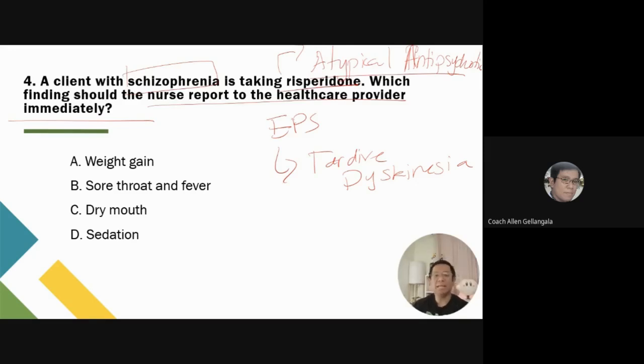Because atypical antipsychotics just limit specific pathways of your dopamine, not the entire dopaminergic cycle in the brain, resulting in less EPS to none at all. Especially the newest ones, like aripiprazole; risperidone is also one of them. So these medications allow an individual to live a normal life.